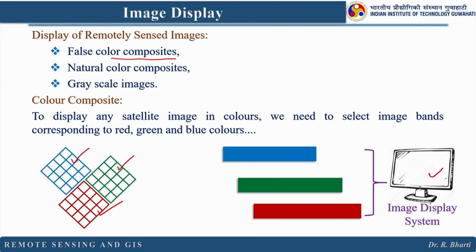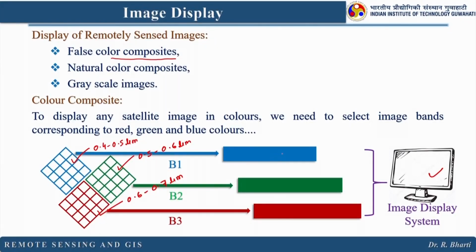To make it more clear, this is the wavelength of 0.4 to 0.5 micrometer, this is 0.5 to 0.6 micrometer and this is 0.6 to 0.7 micrometer, right? Now you have three images captured from a satellite sensor and you want to display them on our regular monitor, but in color composition.